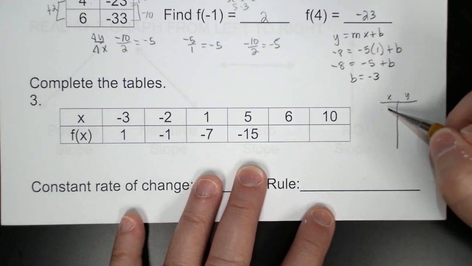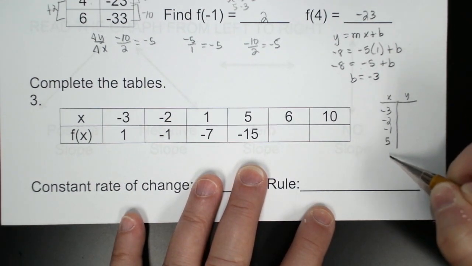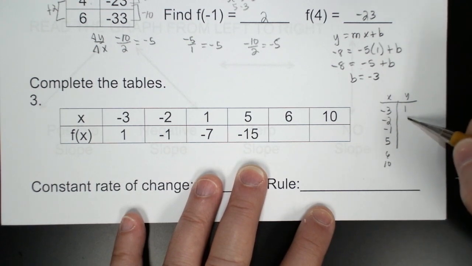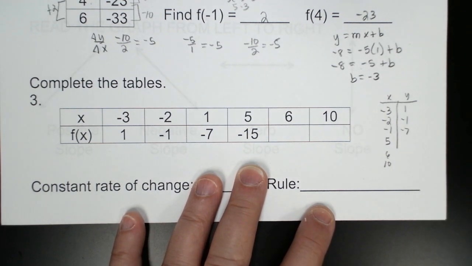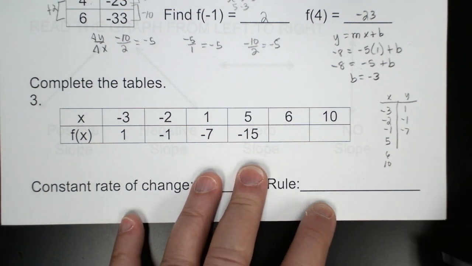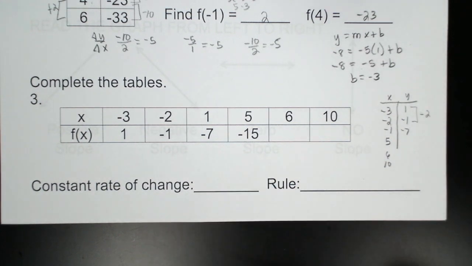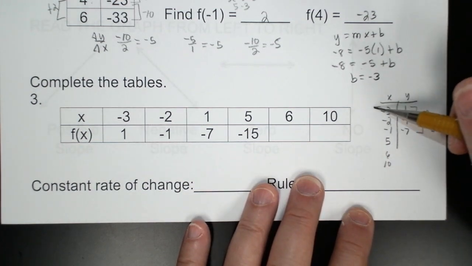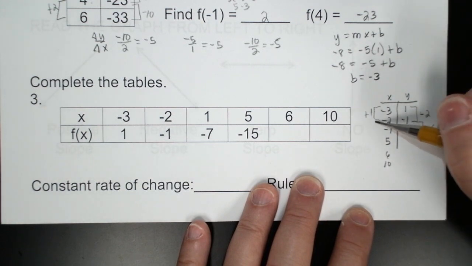So I'm going to transfer it over: negative 3, negative 2, negative 1, 5, 6, 10, 1, negative 1, negative 7. From here to here is minus 2. From here to here is minus 6. From here to here is plus 1.